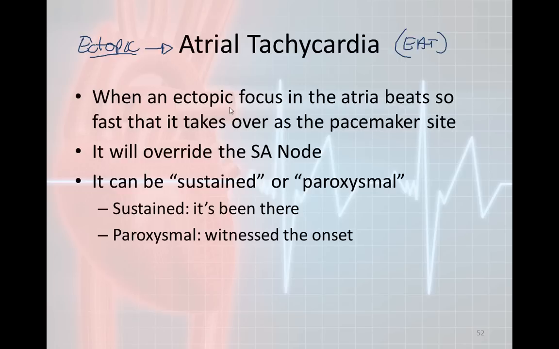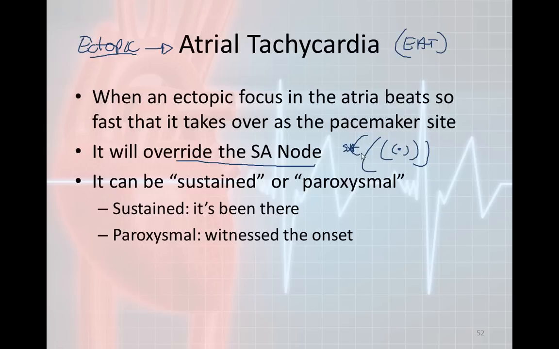So you have an ectopic focus in the atria that beats so fast that it actually takes over and overrides the SA node. So now the SA node, even though it might be trying to depolarize, keeps getting depolarized by this ectopic focus, which is depolarizing so quickly and sending out these waves of depolarization. So the SA node cannot take over as the primary pacemaker of the heart.